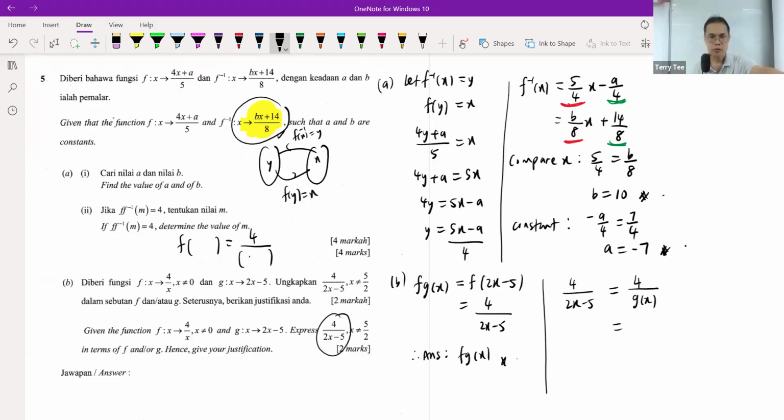So if I put g(x) here, this will be just g(x), so we end up with fg(x). Therefore, your answer is fg(x). As long as you show your working, it's fine. Method 1, we do trial and error, very simple. Method 2, we work backwards.